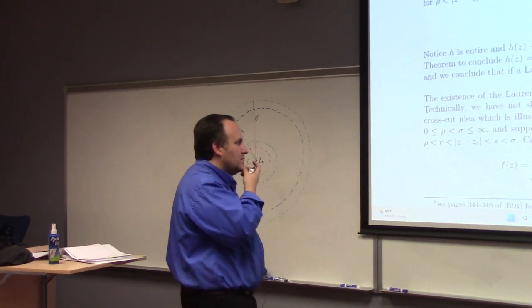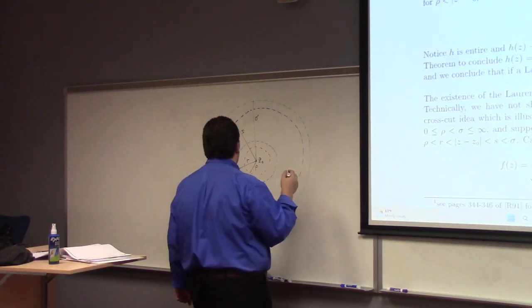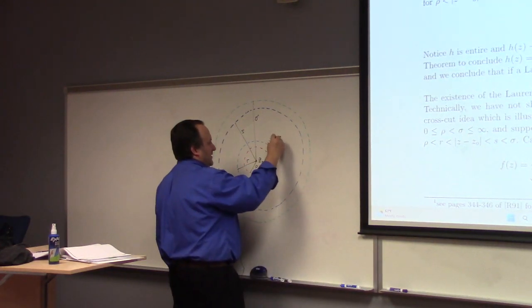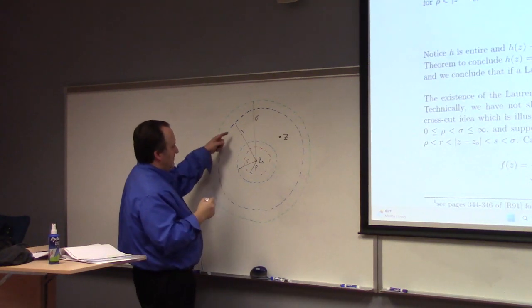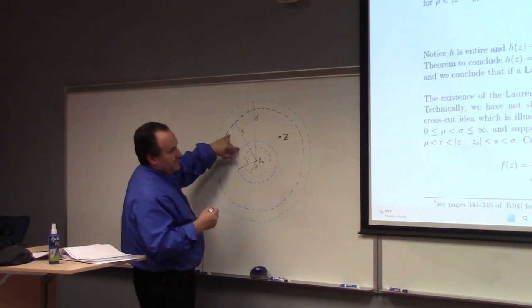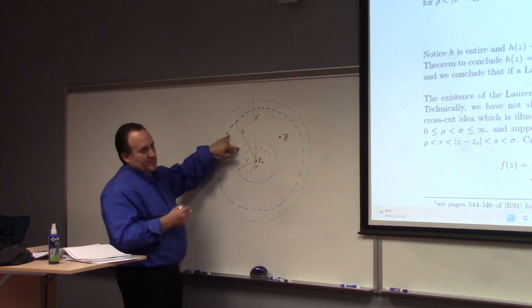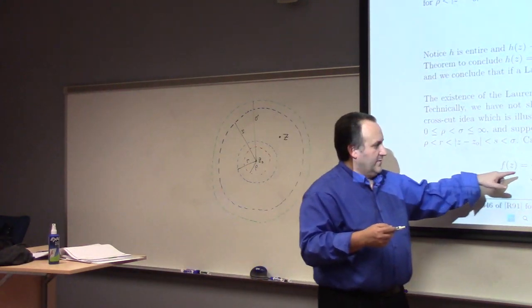It's in between R and S. Okay, so that makes z like some point in here, between the R and the S, somewhere in here. So do you guys agree with this?